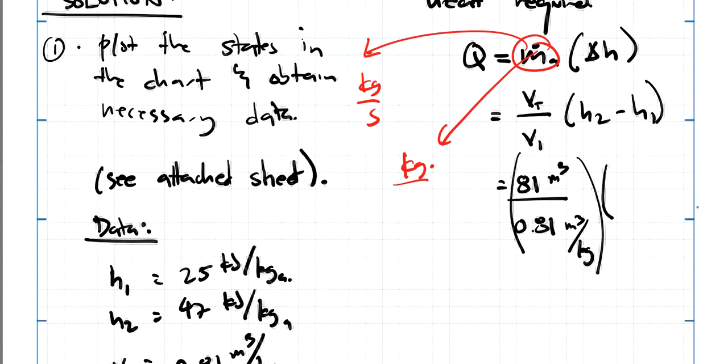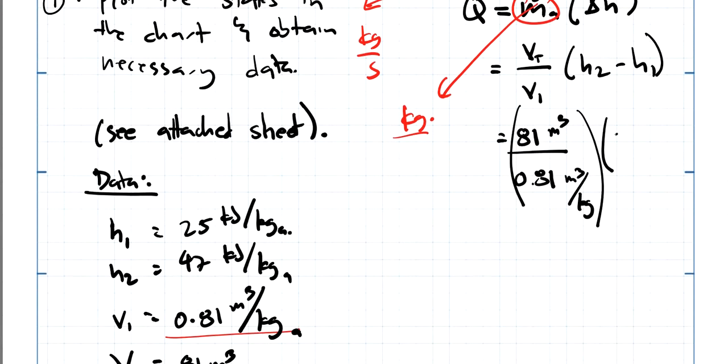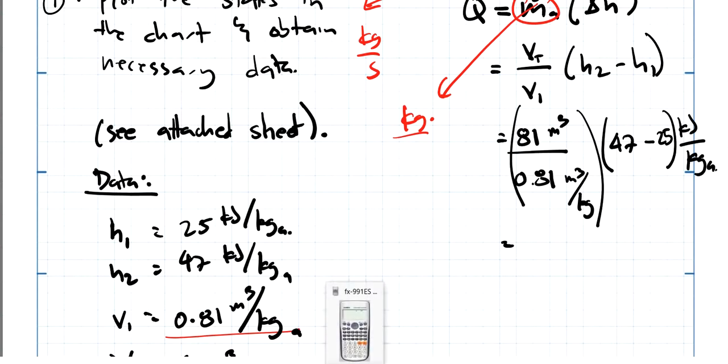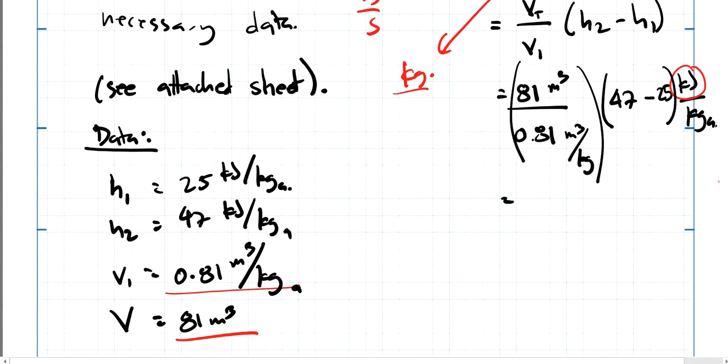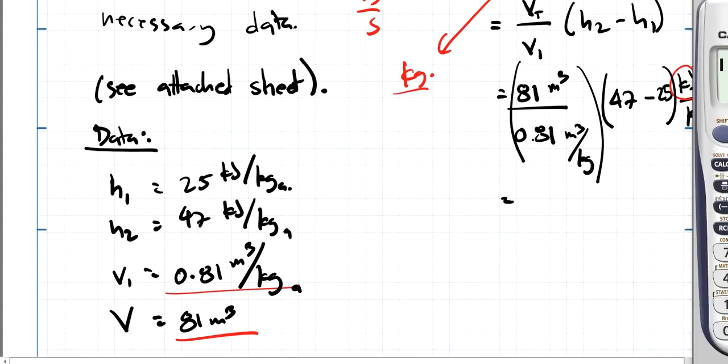Now for the enthalpy change, H2 minus H1 is 47 minus 25, and the unit is kilojoules per kilogram dry air. If you do the analysis for the units, what's left is only kilojoules. Okay, so now let's compute this.